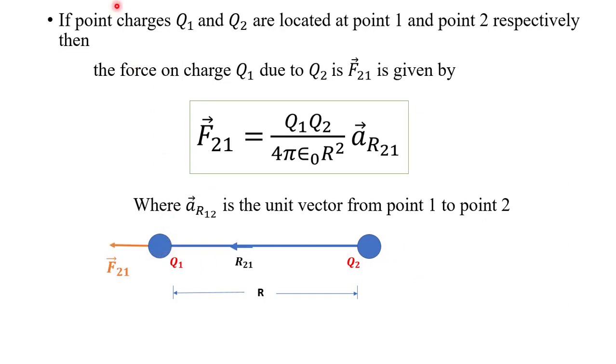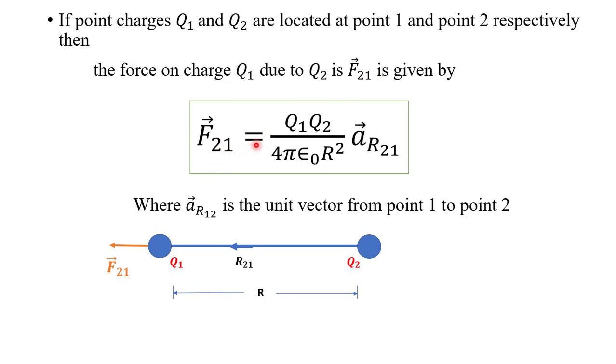Similarly, if point charges Q1 and Q2 are located at point 1 and point 2 respectively, and are separated by a distance capital R, then the force on charge 1 due to charge 2 is given as F21. So F21 means the force on charge Q1 due to charge Q2.